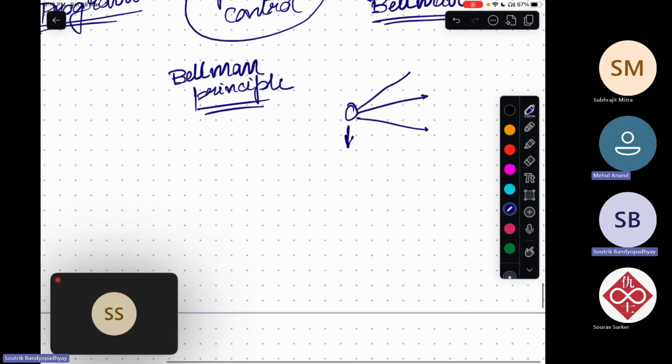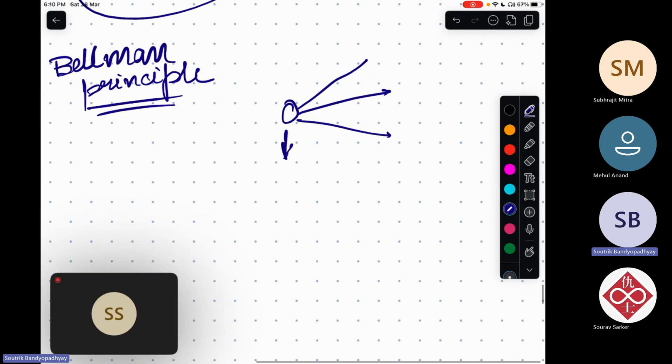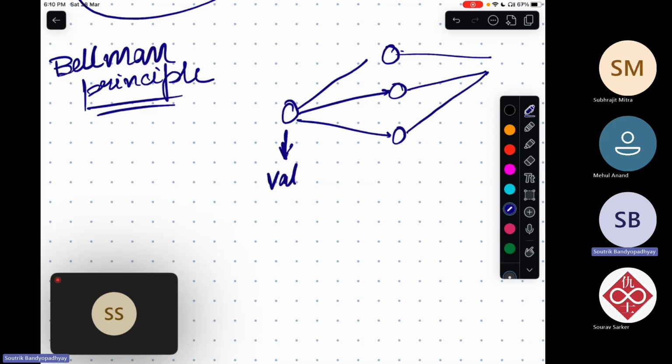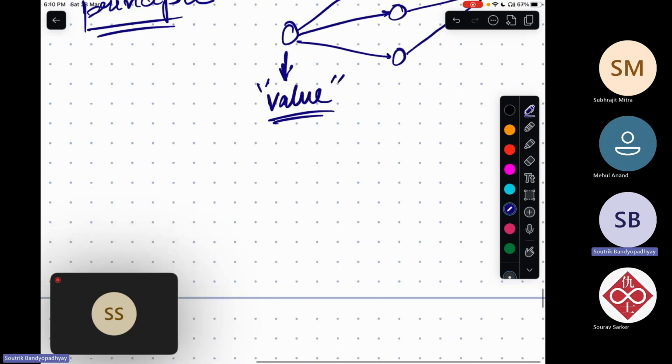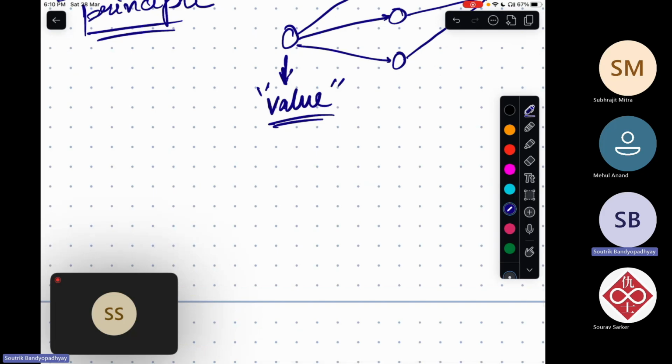Suppose at each instance you have, let's say, three options in front of you, and each of the options has a future value associated with it. Then the current value, quote unquote value of this state, is the extremum of the three. So let me be specific. Suppose I want to have the optimal cost of Delhi, right?